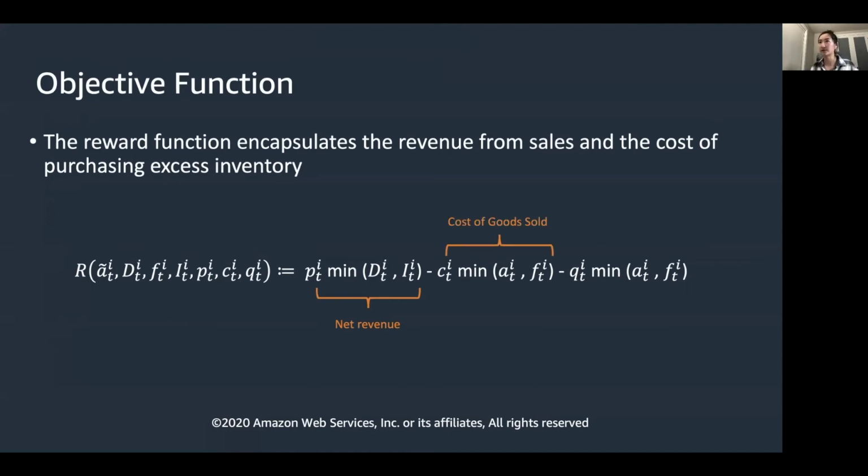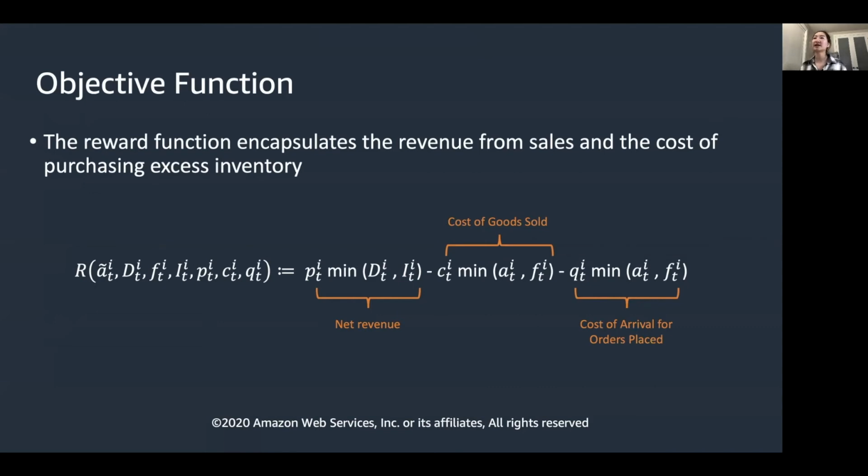The second part of the right-hand side corresponds to the cost of goods sold. C_t^i again is the cost term, and we also have a minimum between the action taken by the agent and the actual fill rate from the vendor. And the last term corresponds to the cost of arrival for orders placed. And you can see here we also have this minimum between the agent's action and the actual action coming from the fill rate.